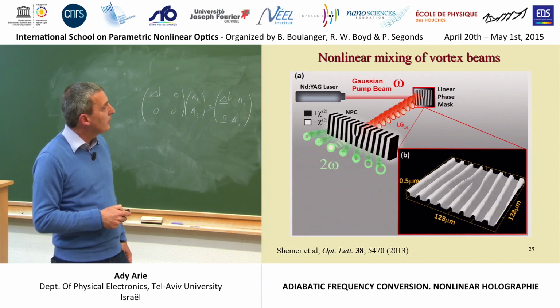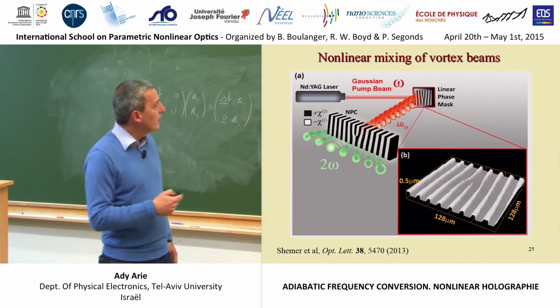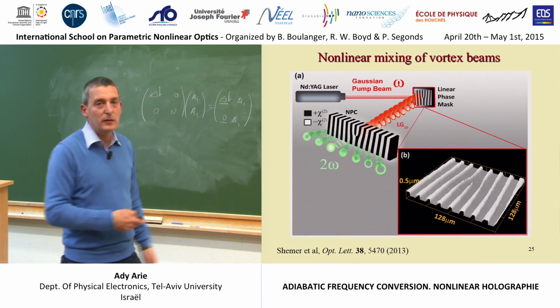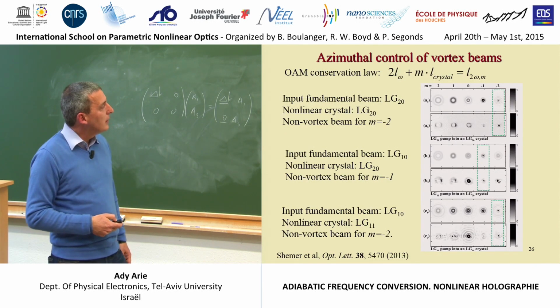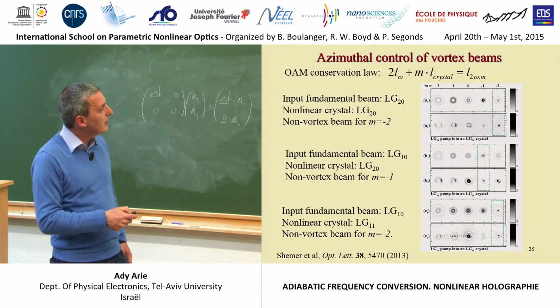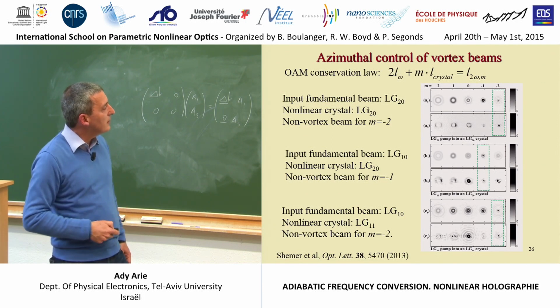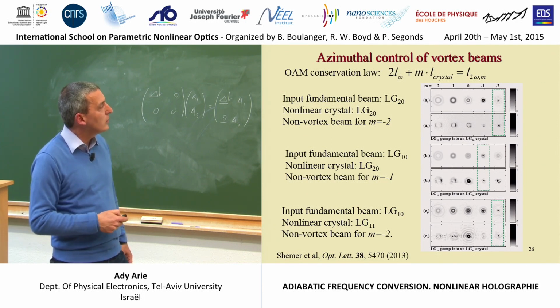So we can start with a beam, we can generate some vortex beam, and then we can mix it in the nonlinear crystal. And then, so this is the phase matching, so the orbital angular momentum matching condition. And you can take different cases, and you can see that it actually works.